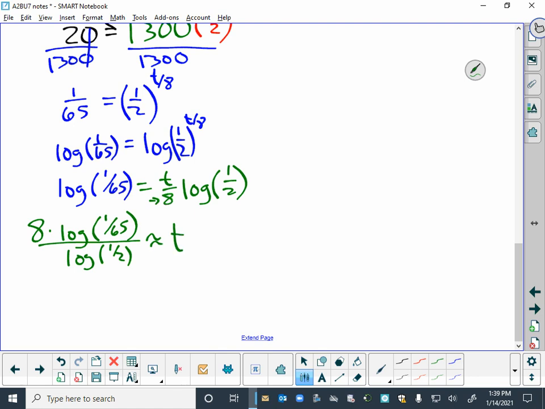It's actually not approximately equal to in this case. It's exactly equal to, but by the time it's gone through my calculator, it will be approximately equal to. So log of 1/65 divided by the log of 1/2.